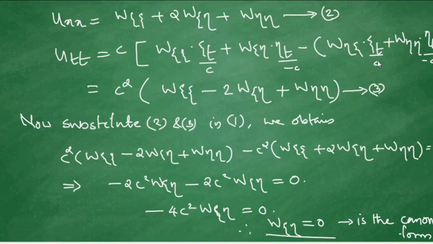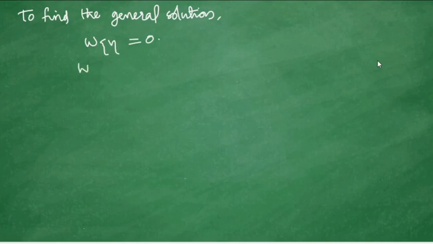Now to find the general solution, we take the canonical form w theta eta equal to 0. Integrating with respect to eta, we get w theta is equal to a function of theta alone, say f of theta.